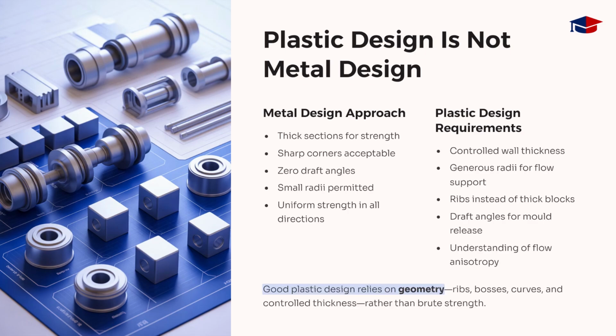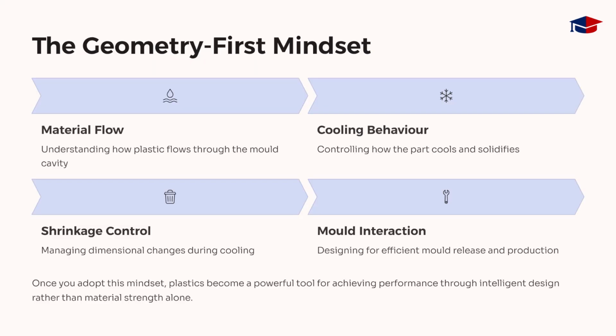Instead of relying purely on brute strength like metal parts, plastics often rely on geometry, ribs, bosses, curves, and controlled thickness to achieve performance. Good plastic design is about understanding how the material flows, cools, shrinks, and interacts with the mold. Once you adopt this mindset, plastics become a powerful tool.